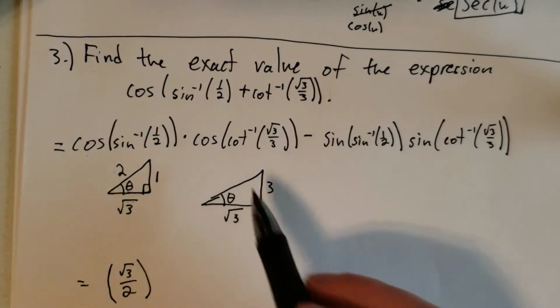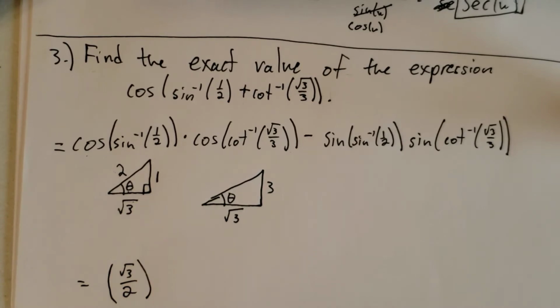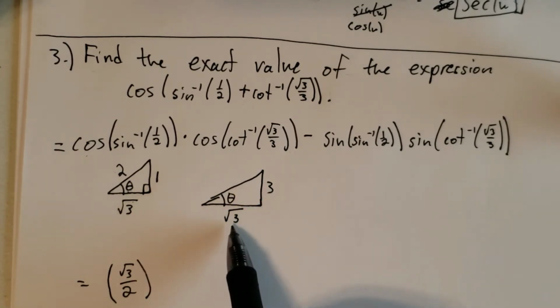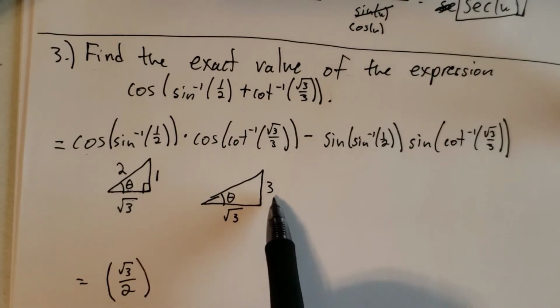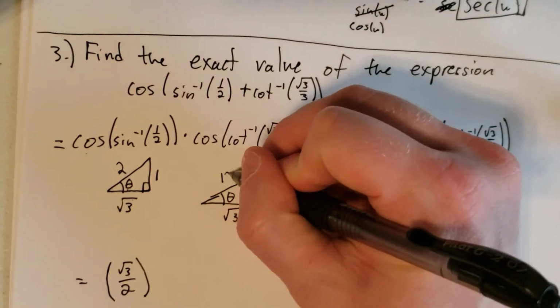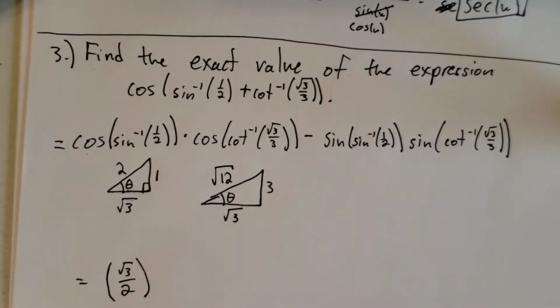Again, we can use the Pythagorean Theorem to find the hypotenuse. That is 3 squared plus the square root of 3 squared. 3 squared is 9. Square root of 3 squared is 3. So 9 plus 3 is 12. And of course, we take the square root of that.